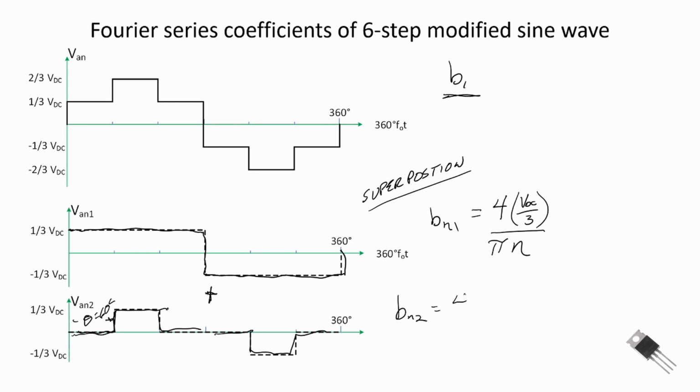It is also equal to 4 times VDC over 3 pi n, but we have the factor of cosine n times the offset angle, and for here we're starting this at 60 degrees. And again, I'm doing this in degrees. You could also do it in radians, and 60 degrees would be pi over 3 radians if you're doing it in radians.